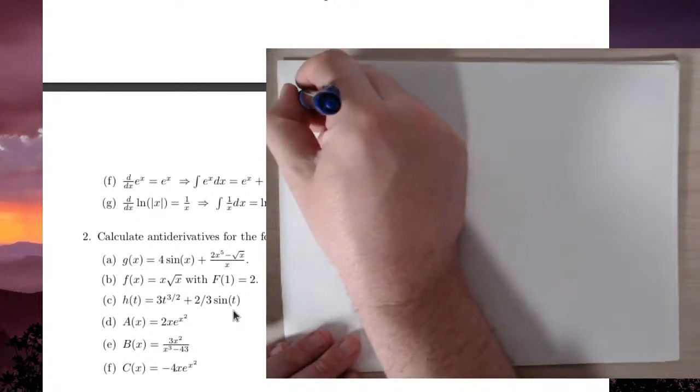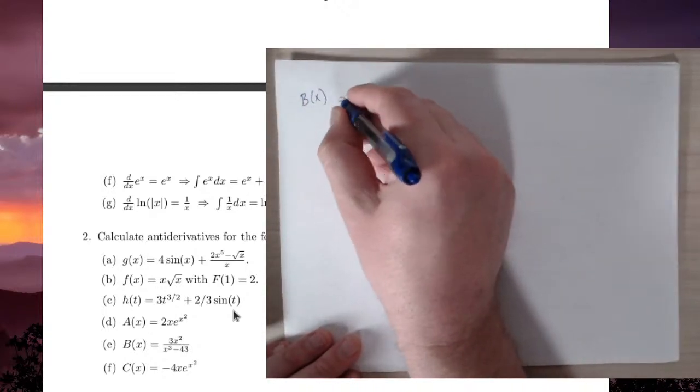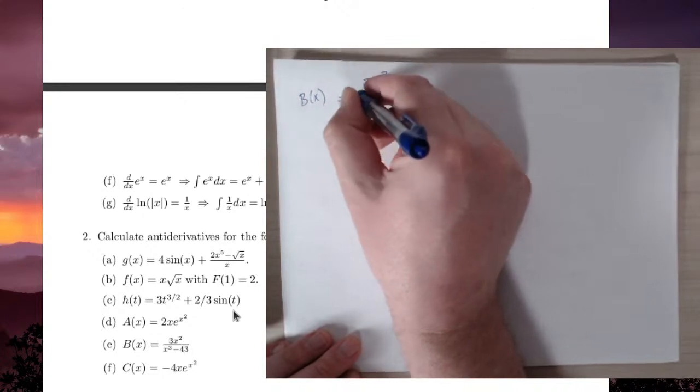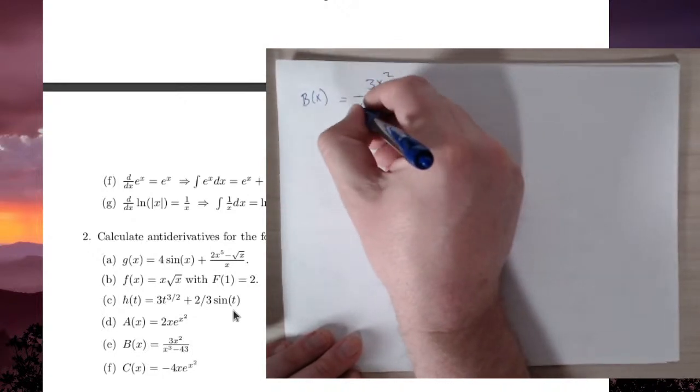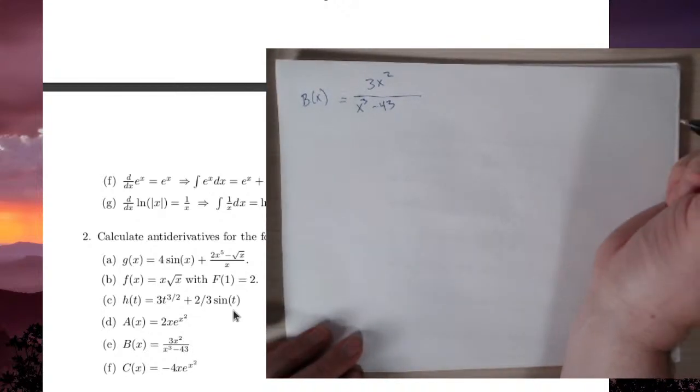Let's do b of x, eh? b of x is 3x squared over x cubed minus 43.